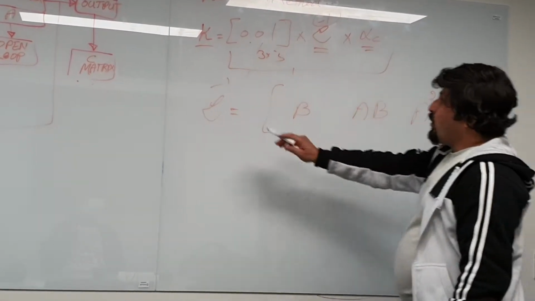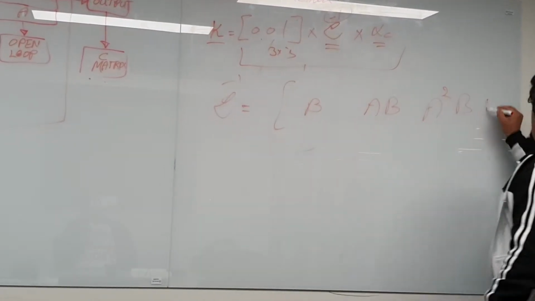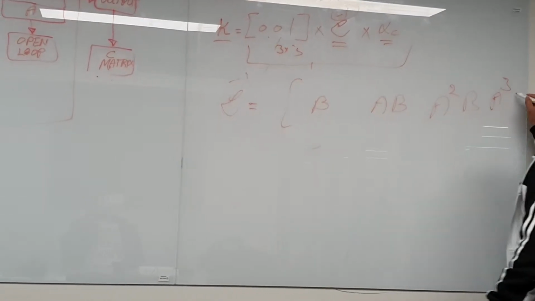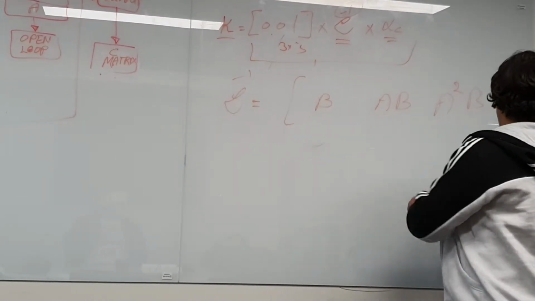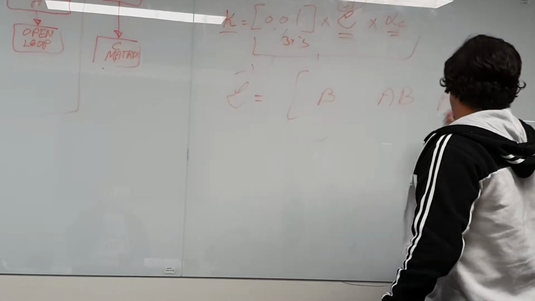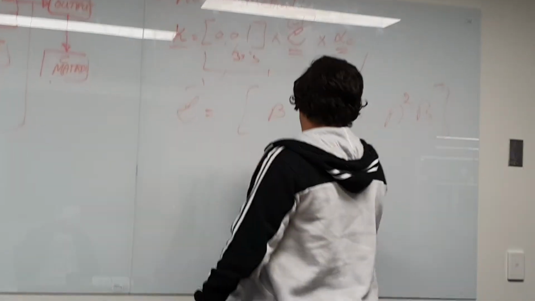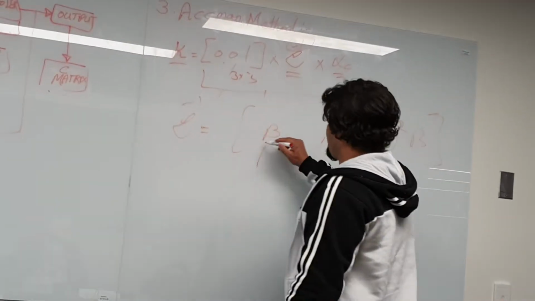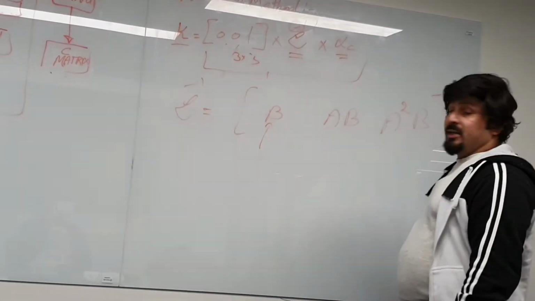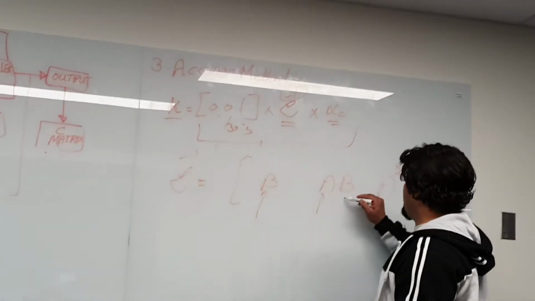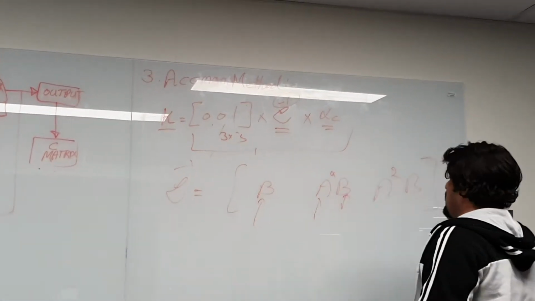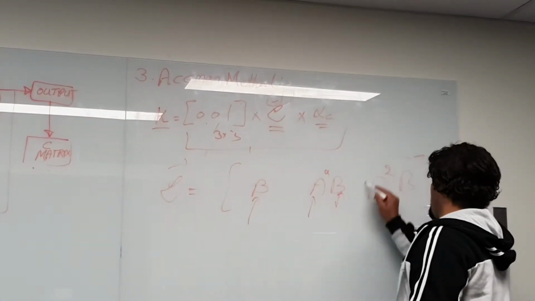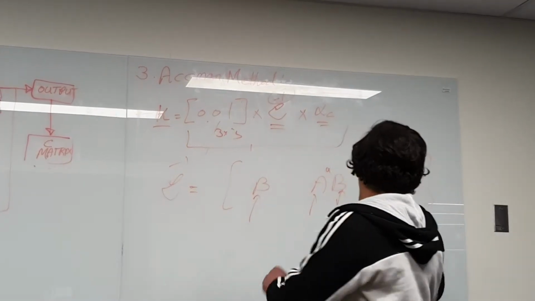If our matrix is 4 by 4, we're going to write A to the power 3 times B. Now, because we have a 3 by 3, this is enough for our matrix, and we have to apply B, A B, and A squared B, and multiply them to get all these components as I said to you.